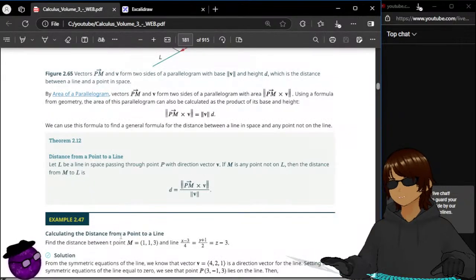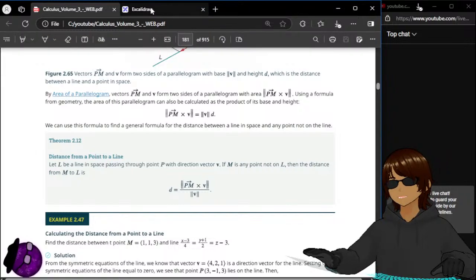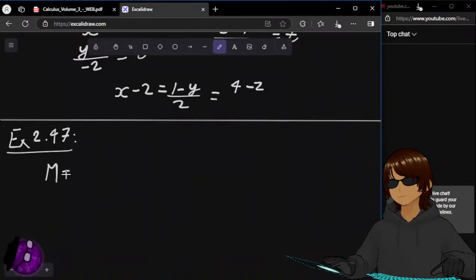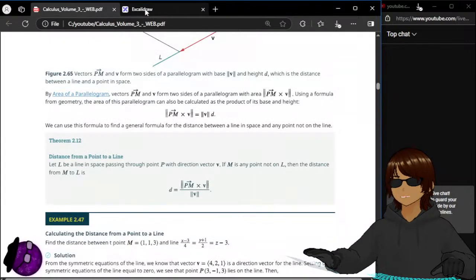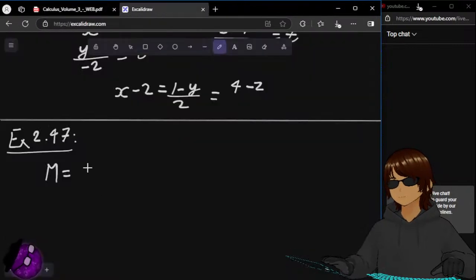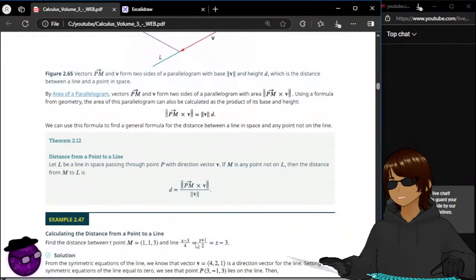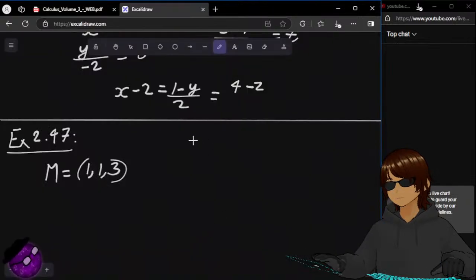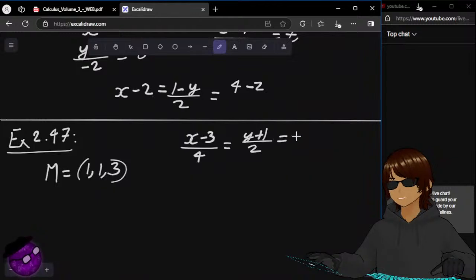So we have M as a point 1, 1, 3, and then we have the line L. So y plus 1 over 2, and then z is minus 3.